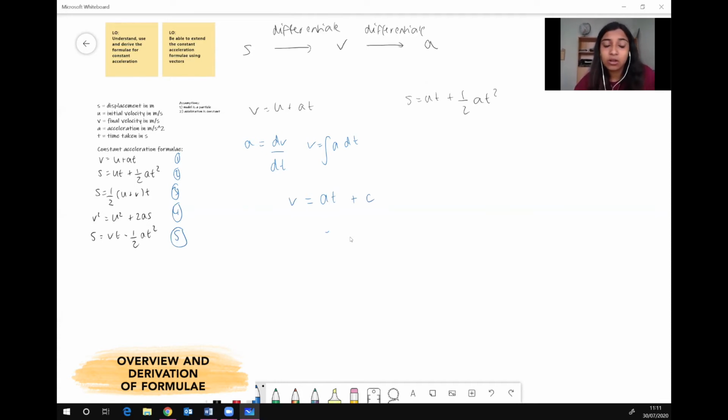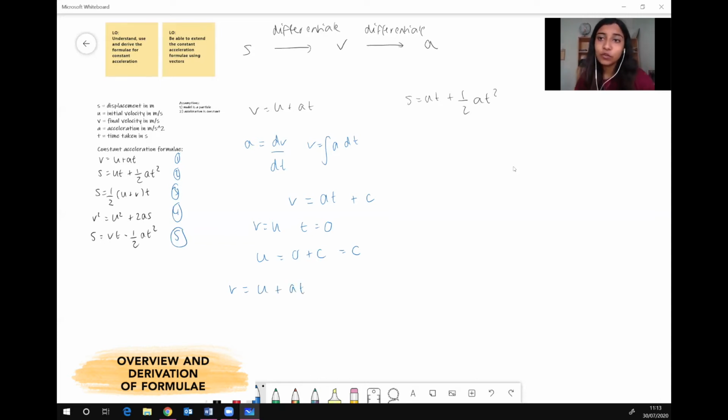In order to get our constant c, we can use our starting condition. Our initial velocity means v will equal u when t is 0. So u is equal to 0 plus c, so that's just equal to c. If we plug this in, we get v is equal to u plus at.